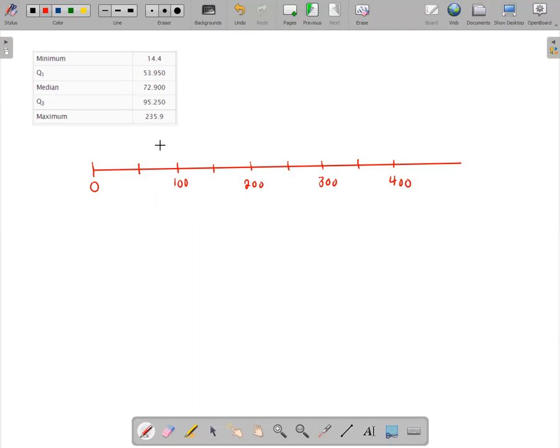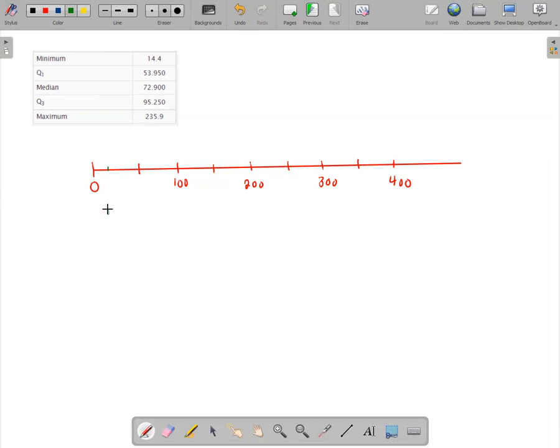Then what I'm going to do is, let's say I'm going to go underneath here because I don't leave much room. I'm just going to make some marks to estimate where each of these numbers would be on my number line. And I'll show you why I'm going to do them underneath in just a second. So that's 50, 25 would be around here. So I'm going to guess 14.4 is around here.